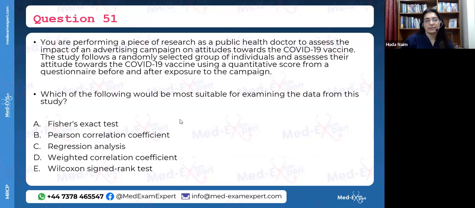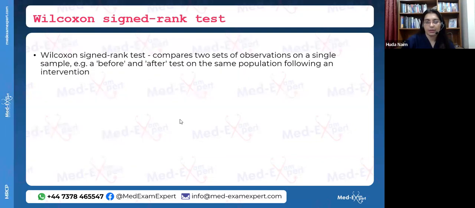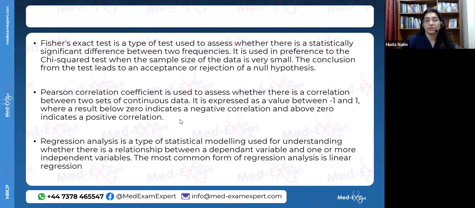So very good. They are giving you a set of data and they want you to know what the test is. Before and after exposure to a campaign, before and after treatment, before and after awareness session, any kind of before and after data would be the Wilcoxon sign test. It is very important to know the different kinds of tests and when you use each.